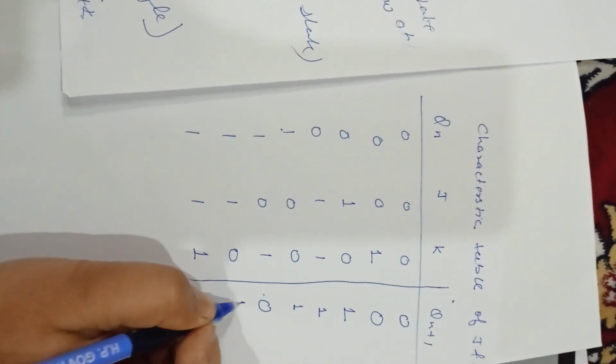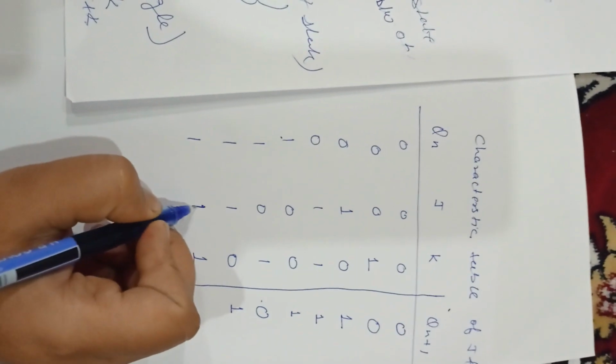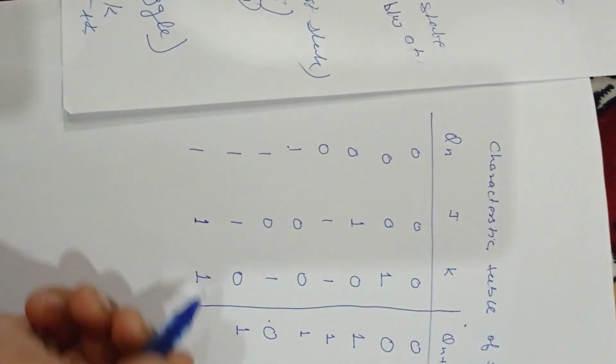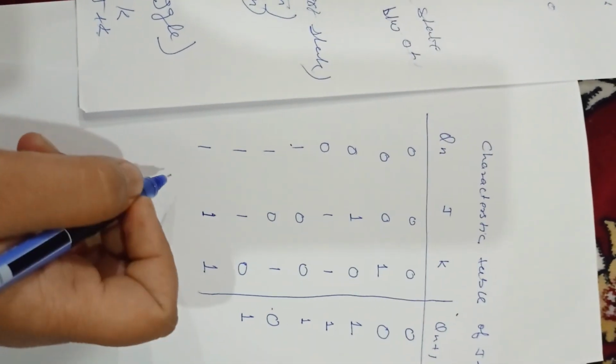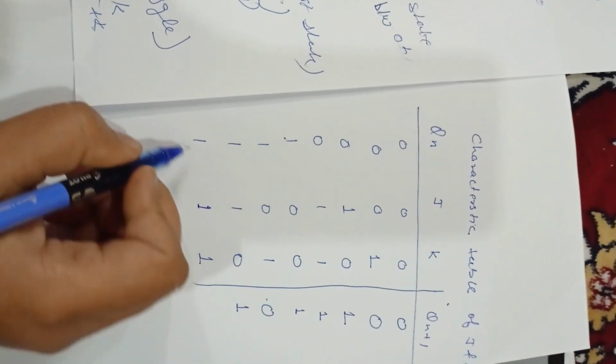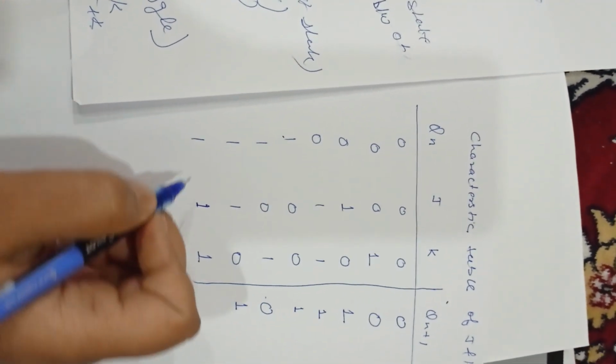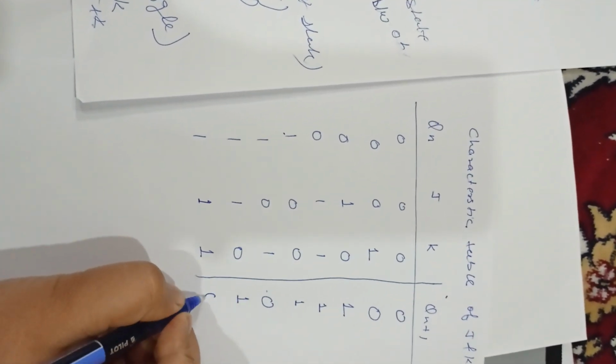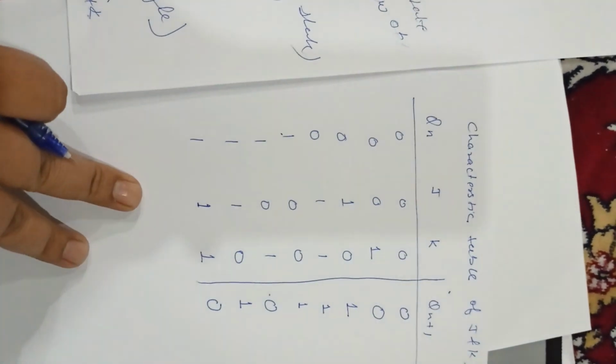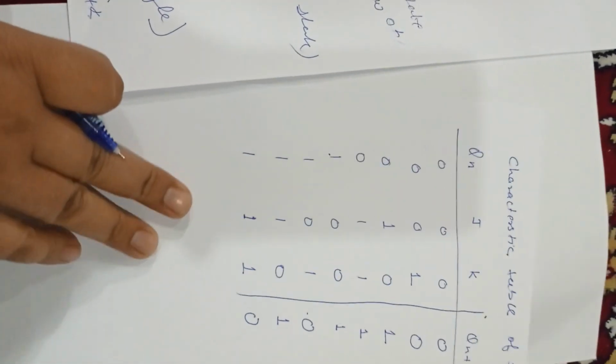For 1 and 0, the output is 1. For the last case, when J and K are both 1 1, Qn+1 is equal to Qn complement. Qn is 1, so the complement of 1 is 0. So this is the characteristic table of J and K.